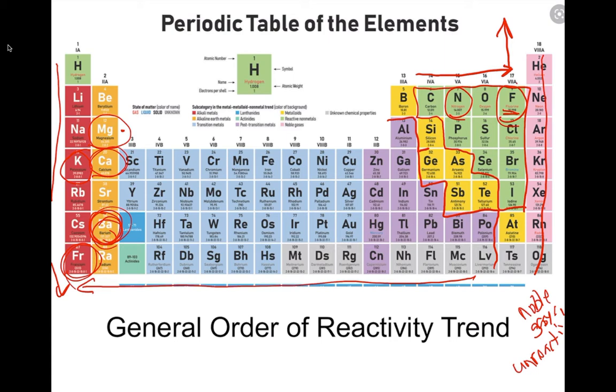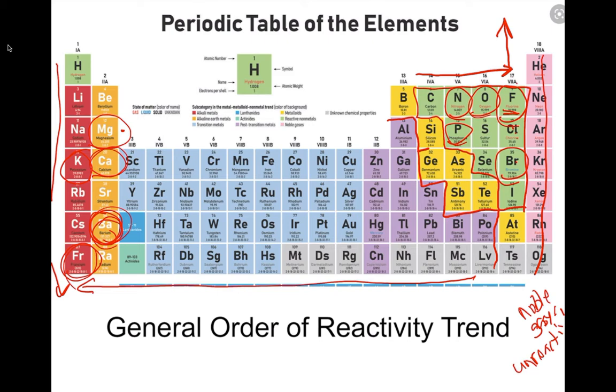If I were to compare, say, phosphorus to oxygen, well, oxygen would be more reactive because it is further to the right. If we look at just our halogens, let's look at bromine. Bromine is below chlorine and fluorine. That means that it's less reactive than both of those. So chlorine would be more reactive than bromine, for example.